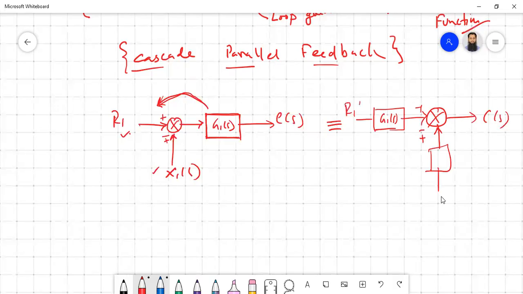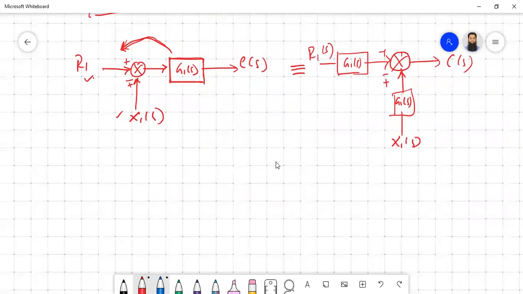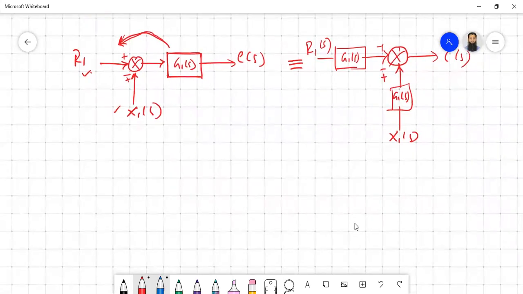So both R1 and X1 are multiplied by G1(s). This is how you can move the block from after the summing junction to before the summing junction, but the net result is not going to change. So this is one case.